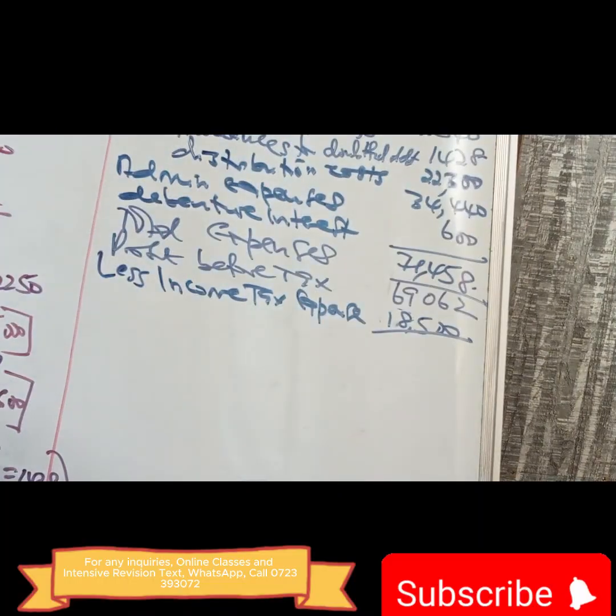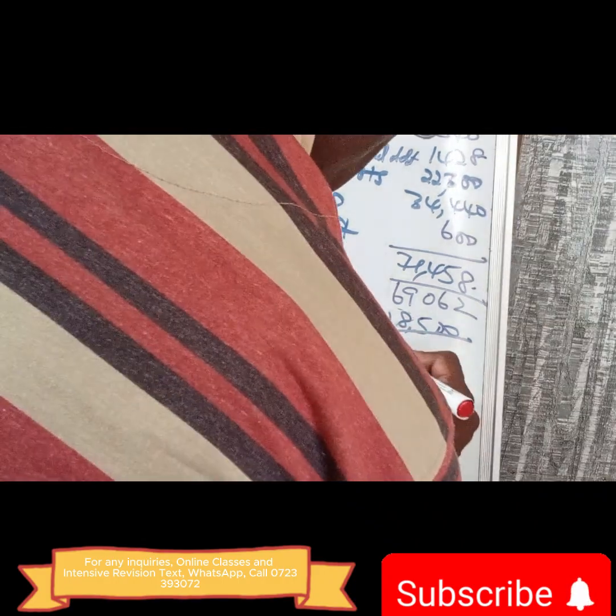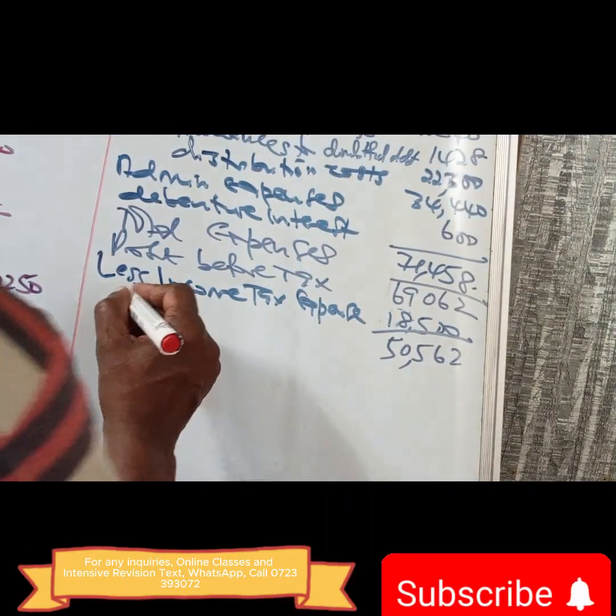We get profit after tax: 69,062 minus 18,500 gives profit after tax of 50,562.